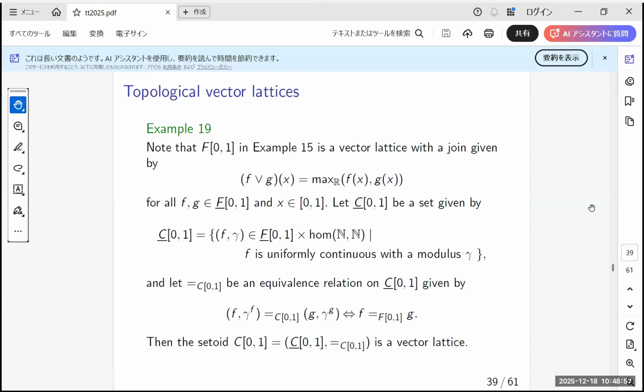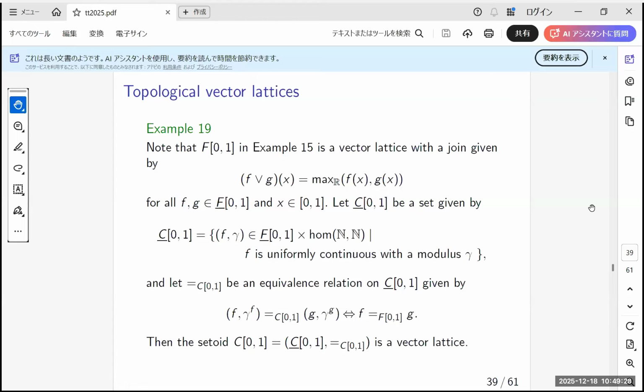And as an example, first note that function space is a vector lattice with a join defined as follows. And let C01 be a set which consists of pairs of uniformly continuous function and its modulus.